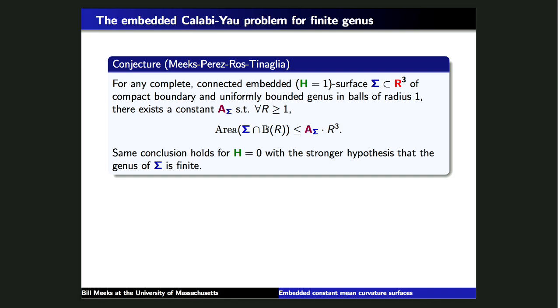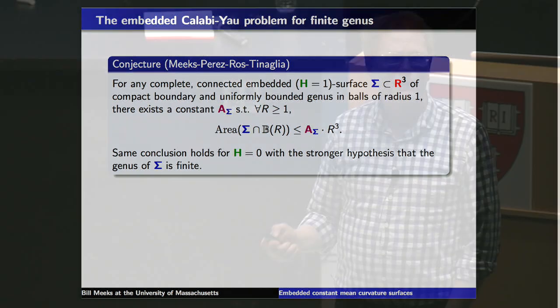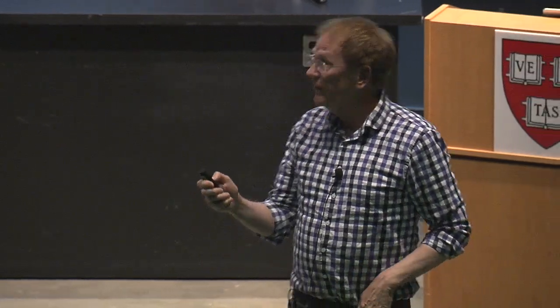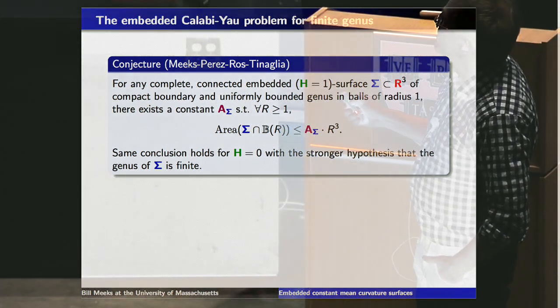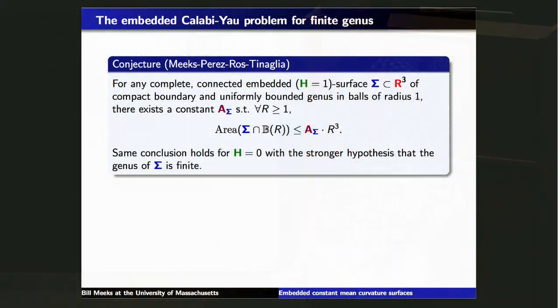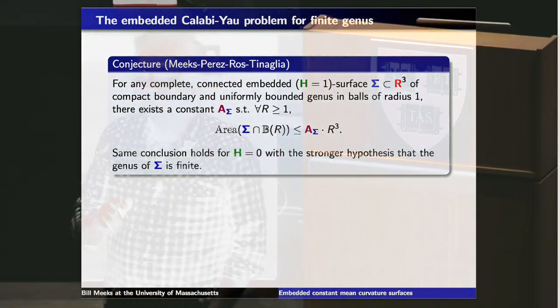Suppose it somehow satisfies a reasonable topological condition, otherwise the thing's false, that in balls of, say, radius 1, there's a bound. In any ball of radius 1, the surface has a bound on its genus. Okay? And I'm going to assume initially, say it has constant mean curvature 1. There's sort of 1 and there's 0. There's kind of two cases. Then I claim it has cubical area growth. In particular, it's proper.